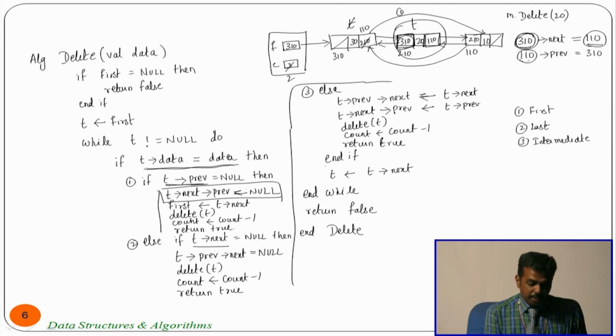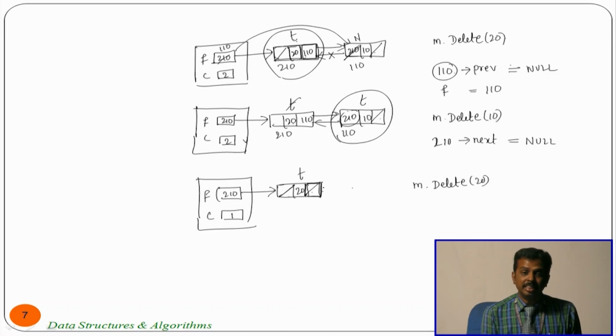T of next of previous is not valid because the node to be deleted is both the first and the last. So it should come in the first case as well as the second case.